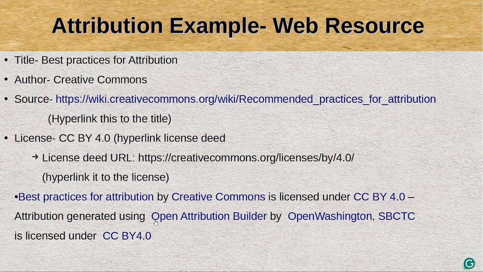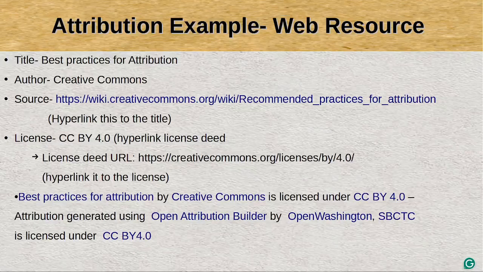Then "generated using Open Attribution Builder" means this is the source or organization, like Open Washington SBCTC, who is giving the platform to create that license. It means source. So these are the sources you have taken, created the license, or taken the idea for your resource.